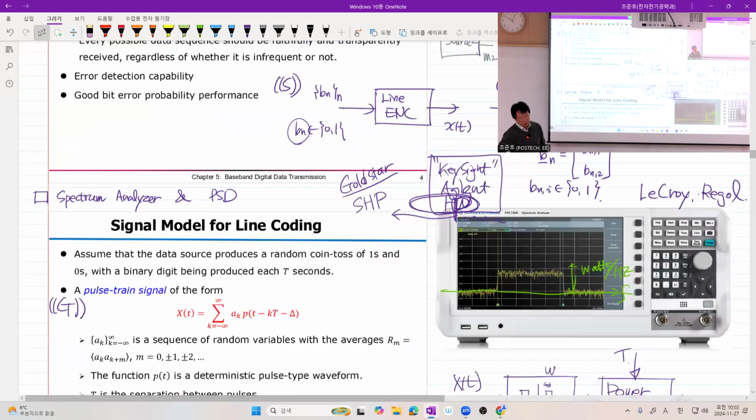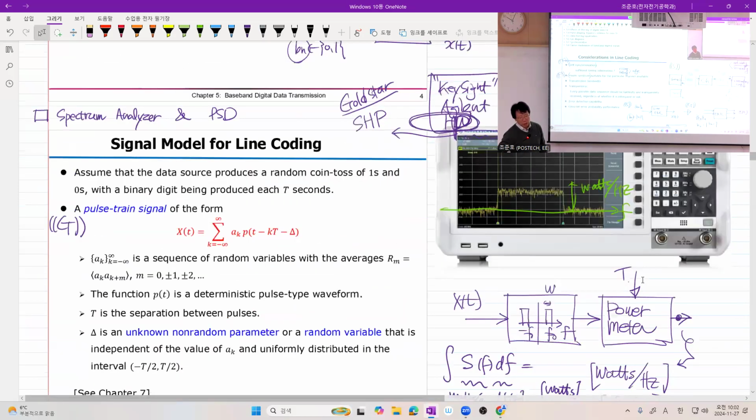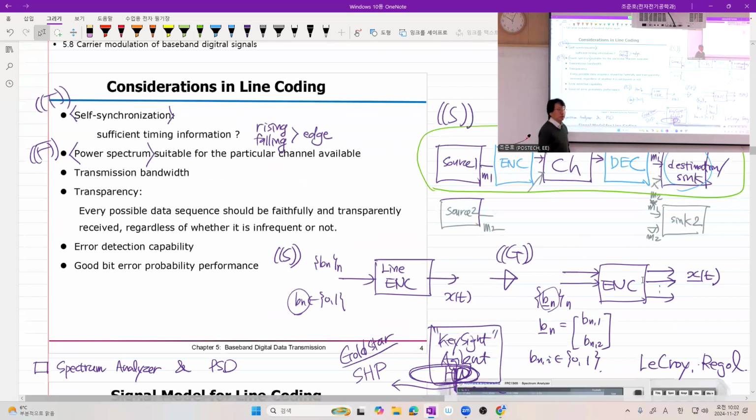I myself do not believe this topic suits an undergraduate course because the power spectral density of digitally modulated signals, especially so-called linearly modulated signals, was a topic in the graduate level communications course. So I'm not going to derive the formula.